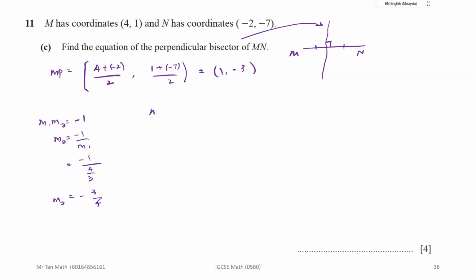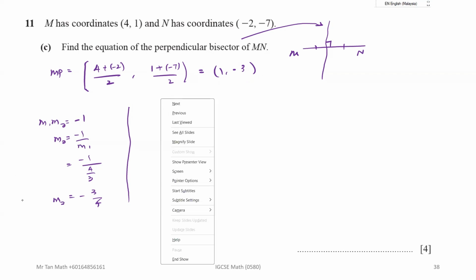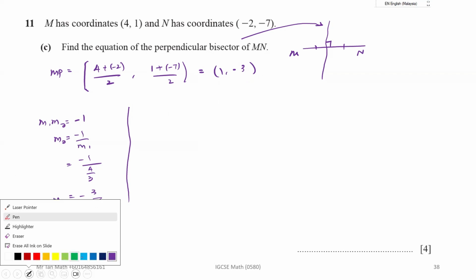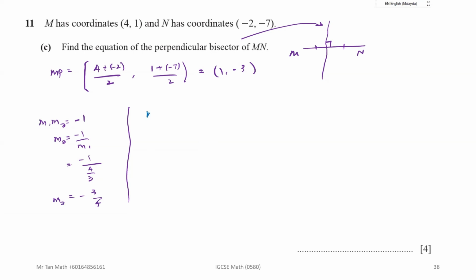So now we have m equal to negative 3 over 4, passing through 1, minus 3. So y equals mx plus c is negative 3 equals negative 3 over 4 times 1 plus c.